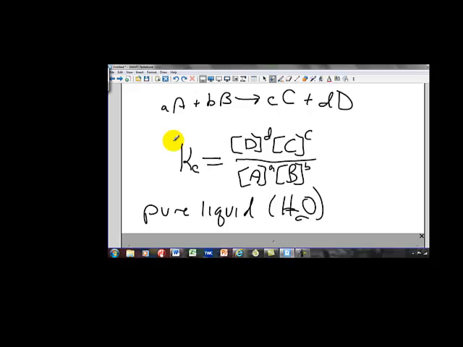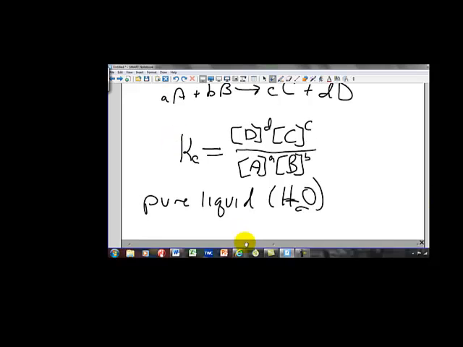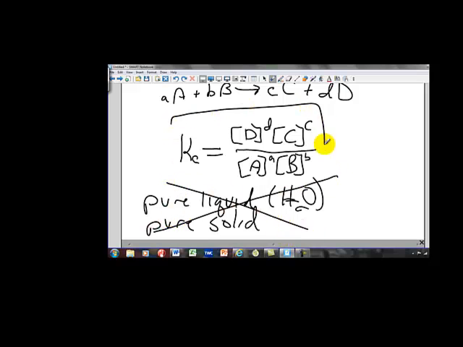If we're talking about a pure solid, say we had NaCl dissolving in water, the pure solid NaCl doesn't count either. Neither of those things are in this. The only things that are in a Kc are solutions. Ions dissolved in water.